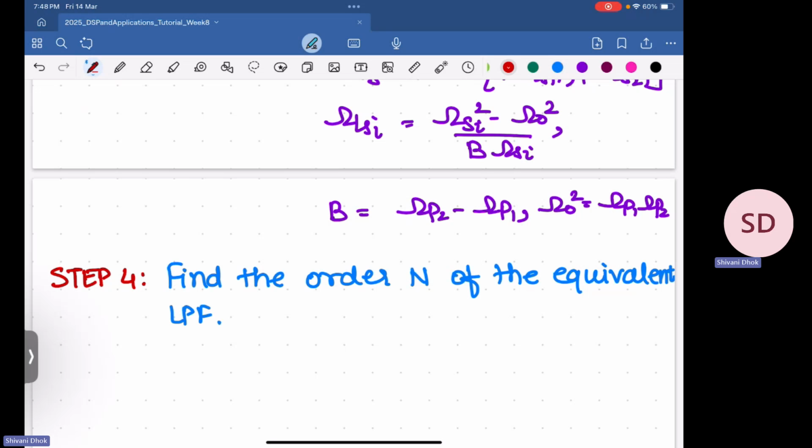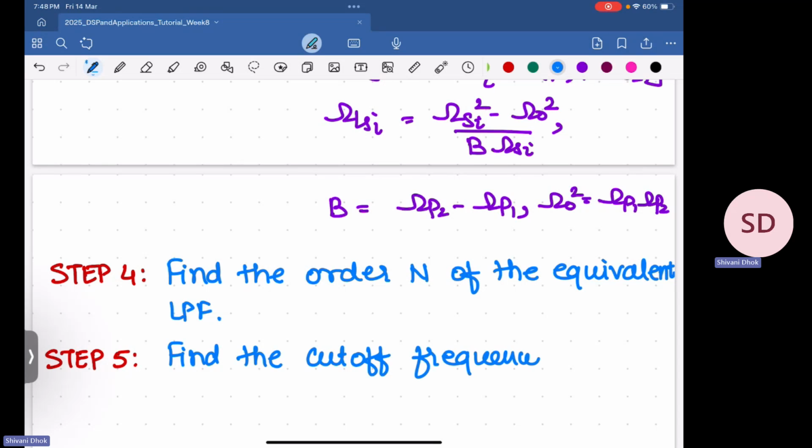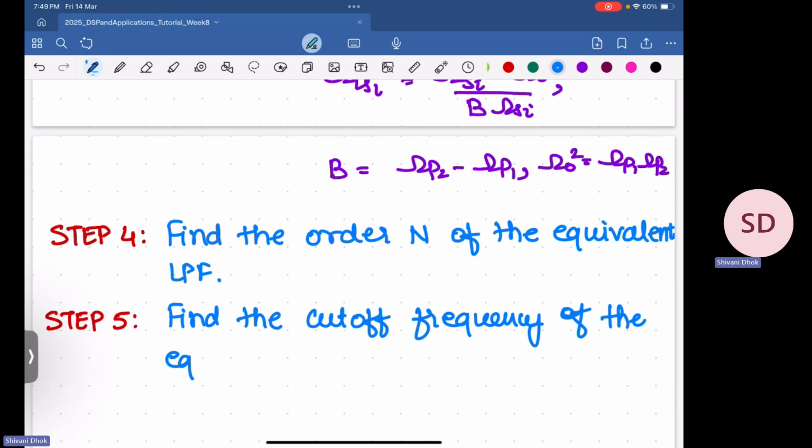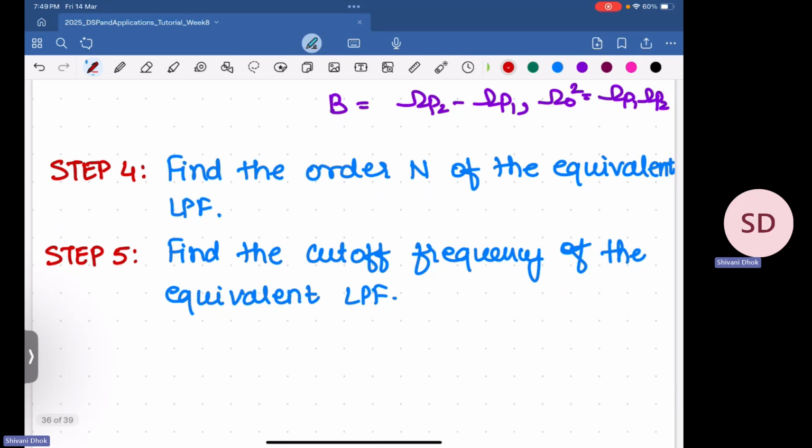After that, step 5 is find the cutoff frequency of the equivalent low pass filter. And once we have the order, cutoff frequency and other specifications, next we need to construct the low pass filter or the equivalent low pass filter.